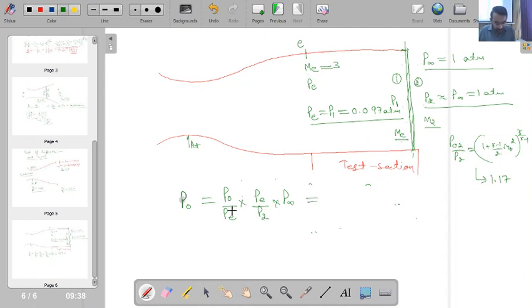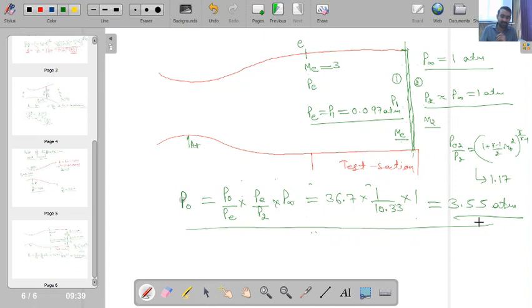So the first ratio was 36.7 and the second ratio was 10.33, multiplied with 1. From here, if you calculate, it comes out to be 3.55 atmosphere. I have only these pressures PE, P2, P infinity and PO, so with these pressures I can obtain this expression.